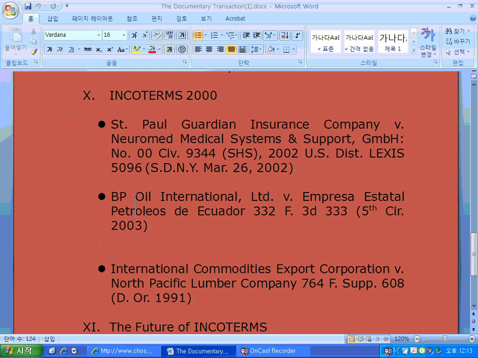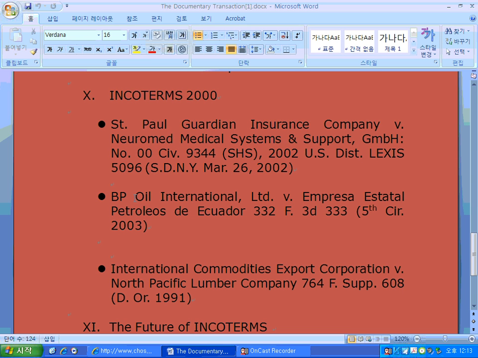The first case used the term CIF New York, and the transaction was executed between a U.S. company, in this case an insurance company. So it is an action arising from an insurance policy, an insurance contract, with subrogation.